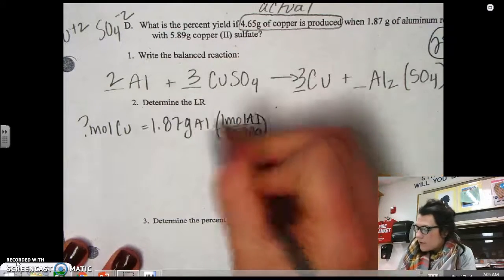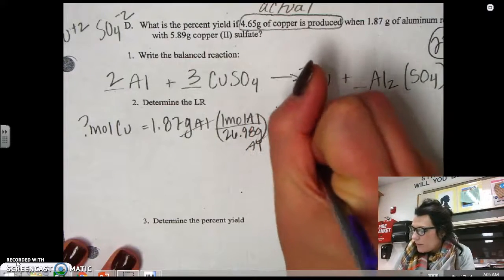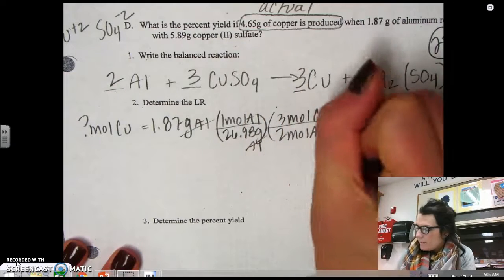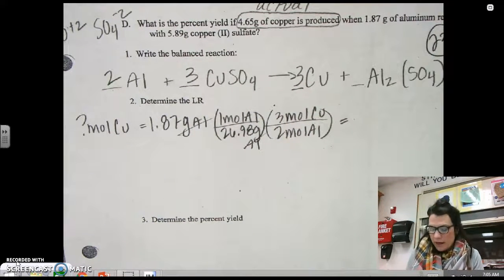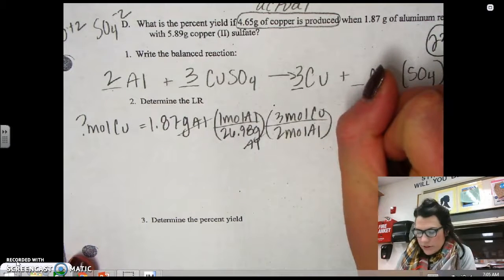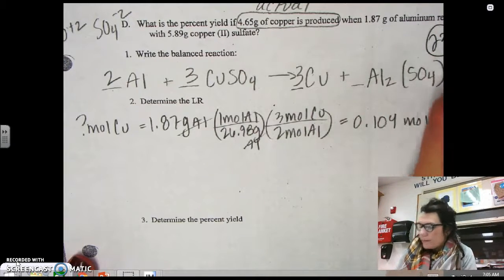Okay? Grams cancels. Now I can go for every 2 moles of aluminum from the chemical reaction, I will create 3 moles of copper. Okay? So if I plug this into my calculator, times 3 divided by 2, I should get 0.104 moles of copper, with 3 sig figs.